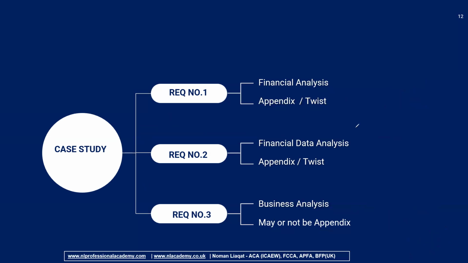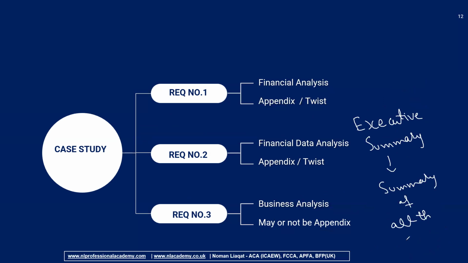And then what we have next on the table is the executive summary. Executive summary is basically a summary of all 3 requirements.